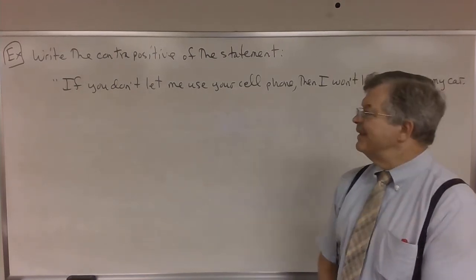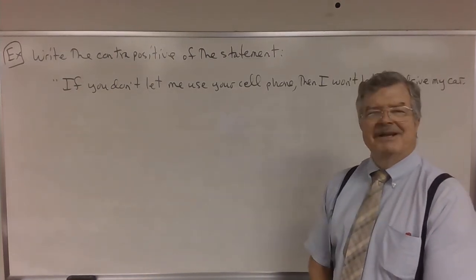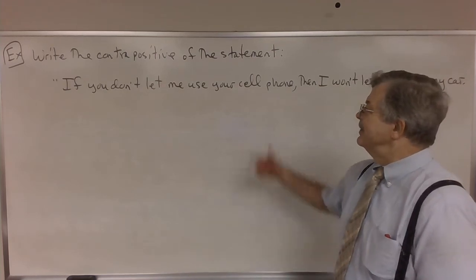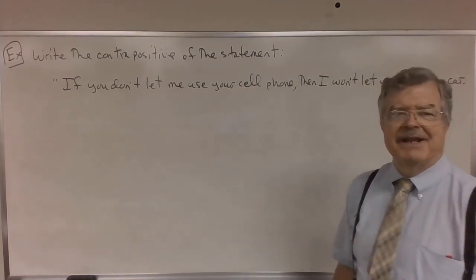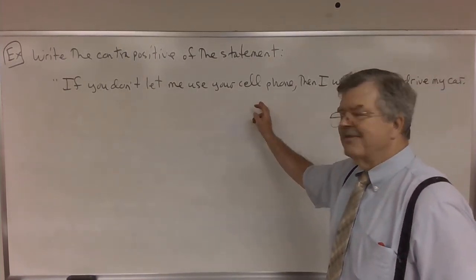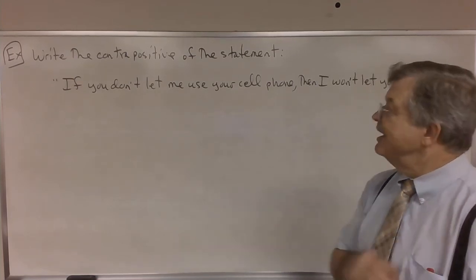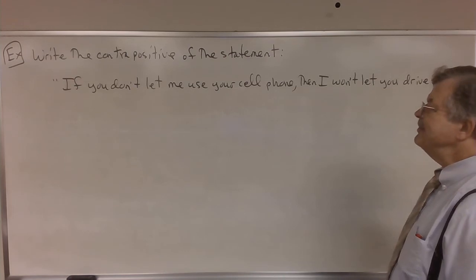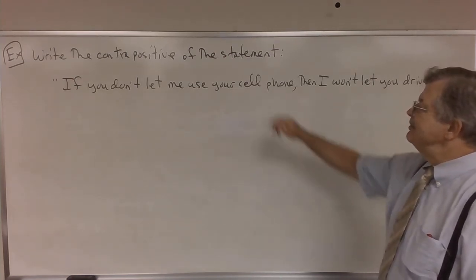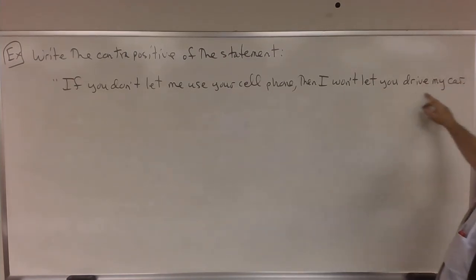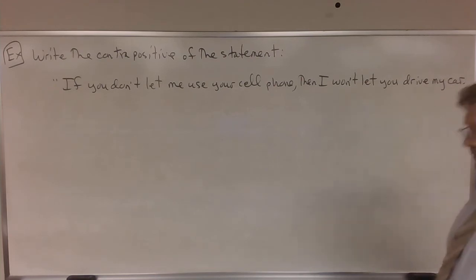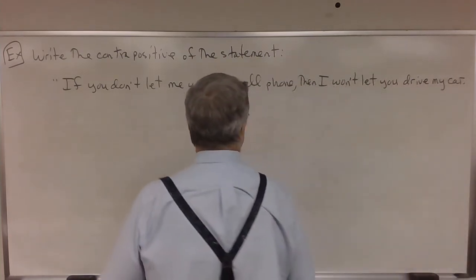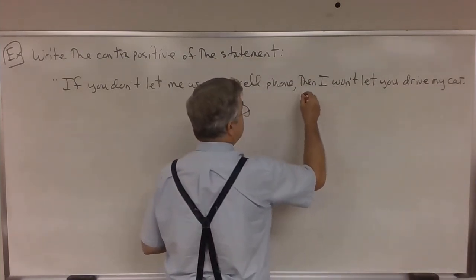Okay, let's do an example. Let's see, we have two roommates who are fighting here, or maybe boyfriend and girlfriend who are fighting. We want to write the contrapositive of the statement: if you don't let me use your cell phone, then I won't let you drive my car. Now, it is a conditional statement.